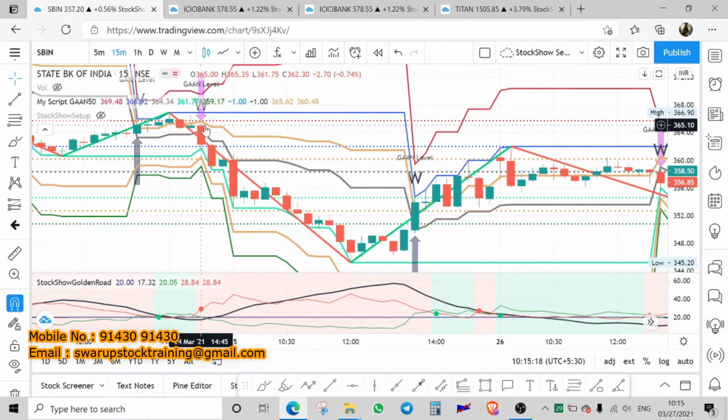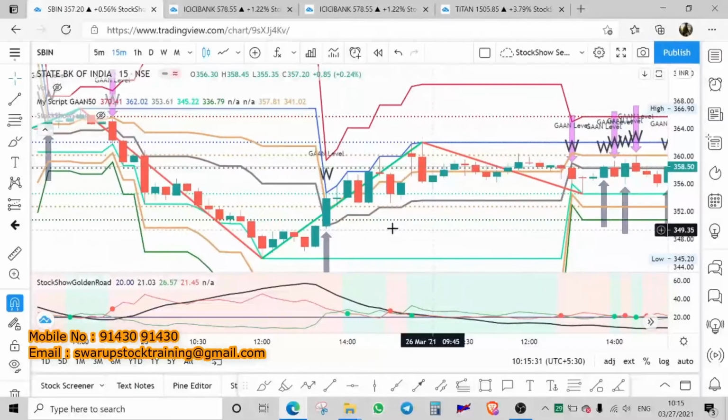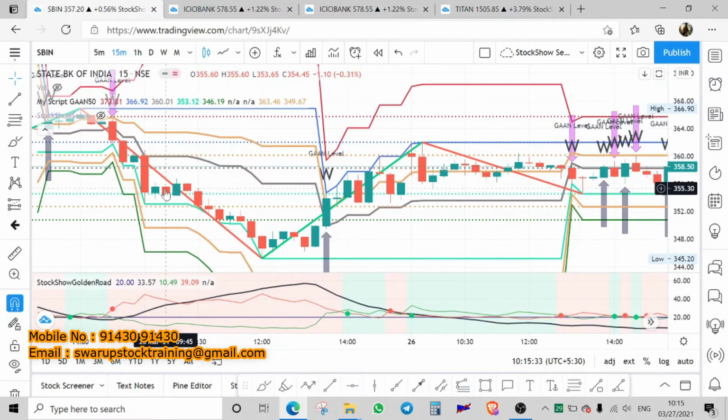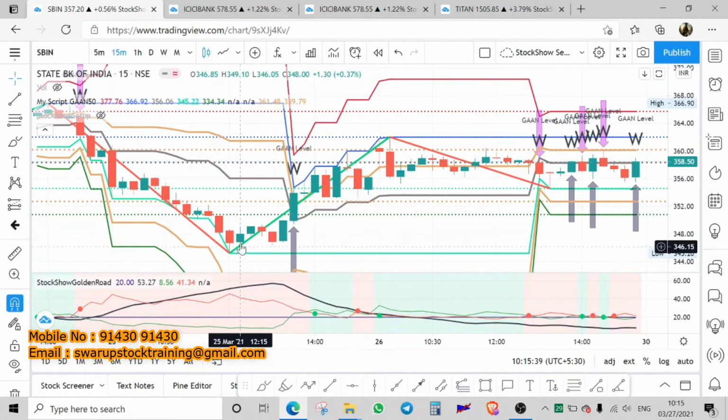So you could have sold it at this level after this candle, 362, and you could have bought it at 345. This is a kind of setup that we have developed, and these are all automatic things. I will not personally do anything. I will see only when I get a signal, or when the line changes, black to red to green, green to red.